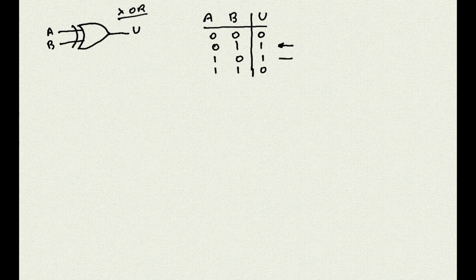These are the rows with an output of 1, and this is the Boolean expression derived from the truth table. We can manipulate this expression using the DeMorgan Theorem, and in particular we will need to convert the OR symbol, the plus, into an AND operation, which can be executed with NAND gates.